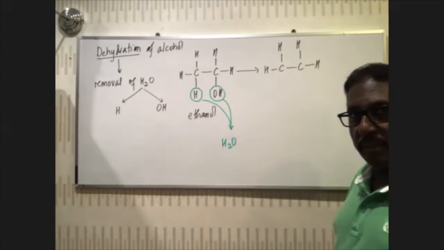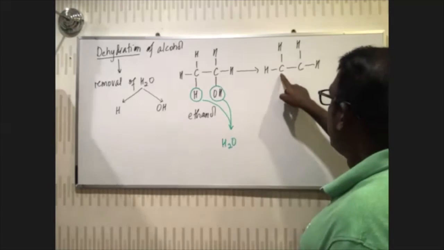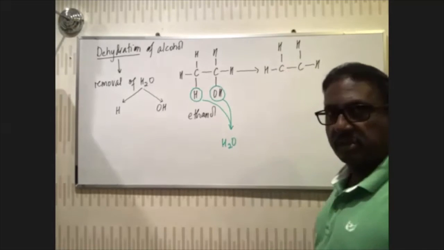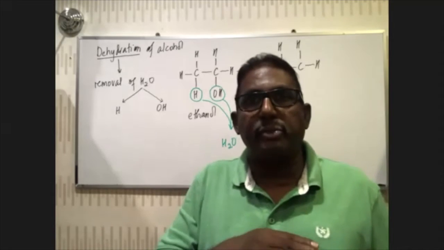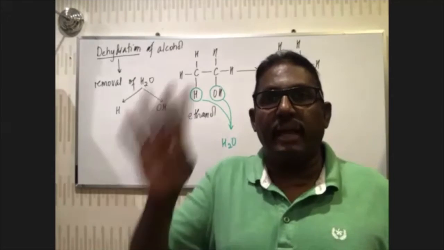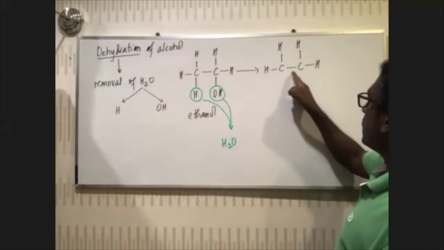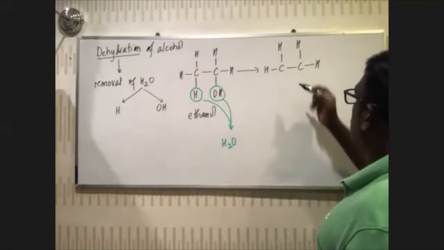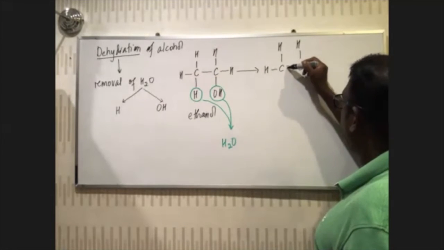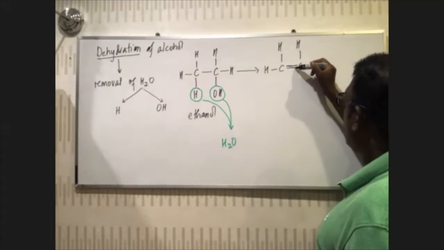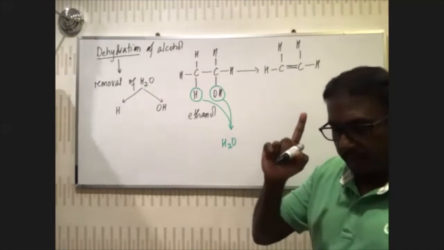But then there's a problem. The problem is carbon cannot have 3 covalent bonds. All carbon atoms, in order to stabilize themselves, must have 4 covalent bonds. Therefore, these 2 carbon atoms would automatically form a double bond between them to complete the 4 covalent bonds. Learn with understanding, pick it up.